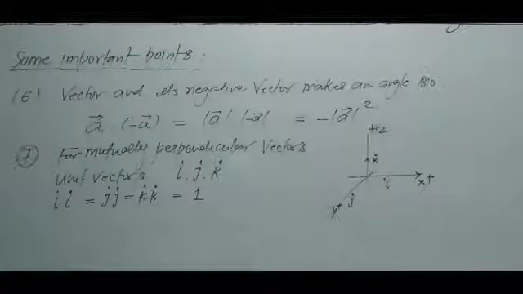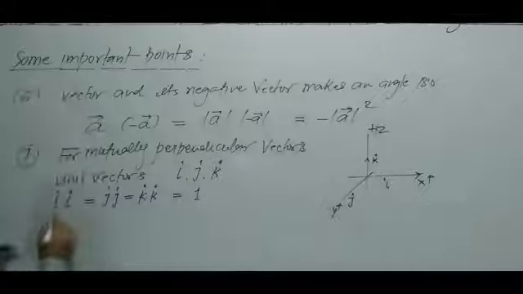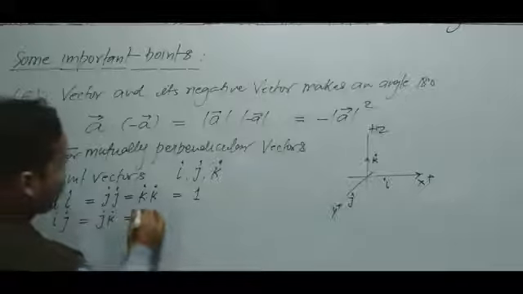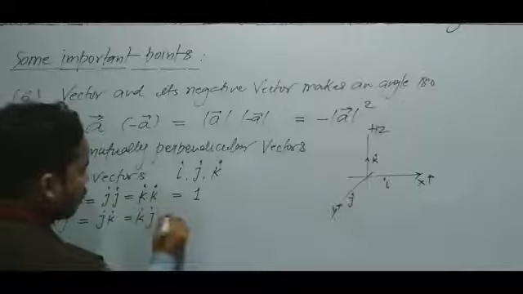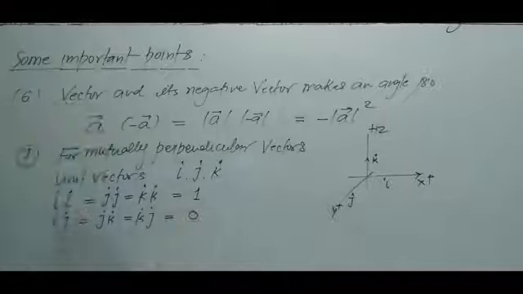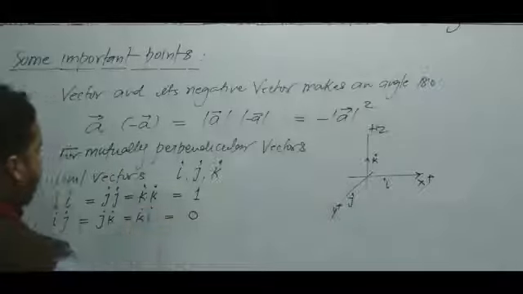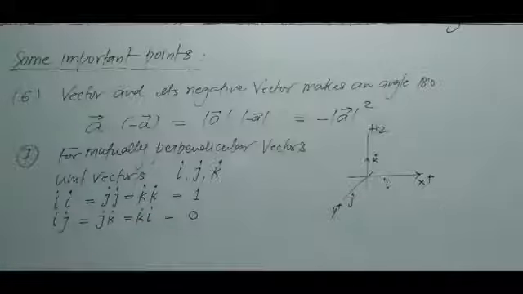For perpendicular vectors, i dot j we can write 0. j dot k result will be 0, and k dot i result will be 0.